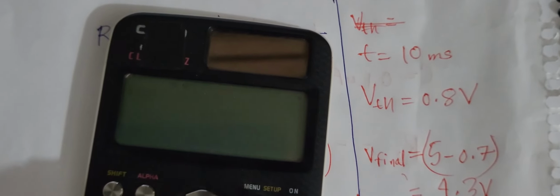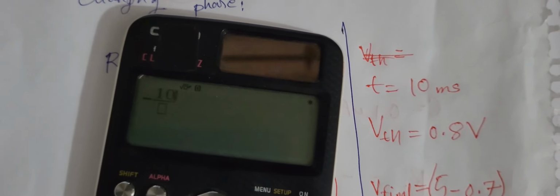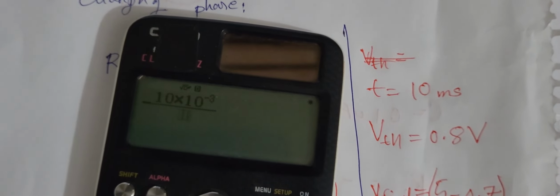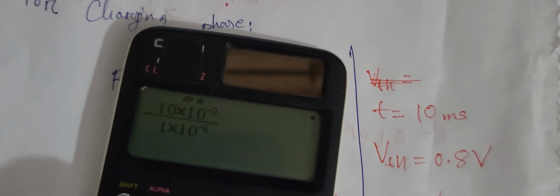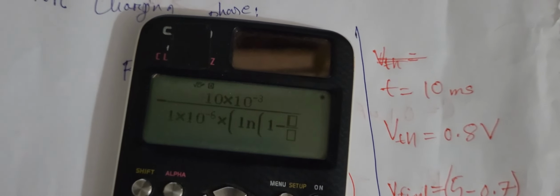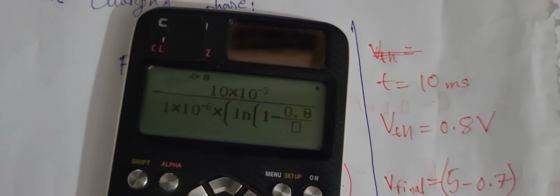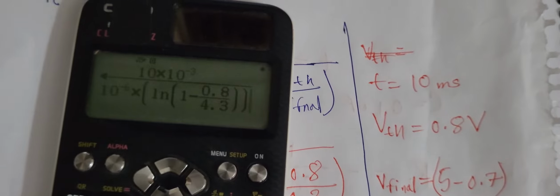So let's calculate it again. Minus 10 into 10 to the power minus 3 divided by 1 into 10 to the power minus 6 into ln 1 minus 0.8 divided by 4.3, closing bracket, divided by 1000.